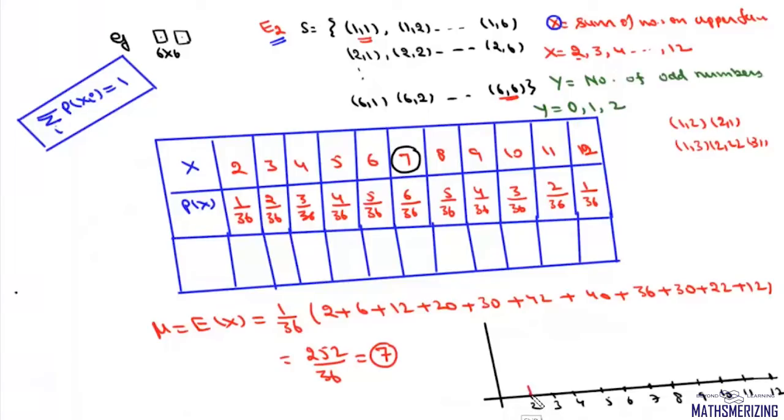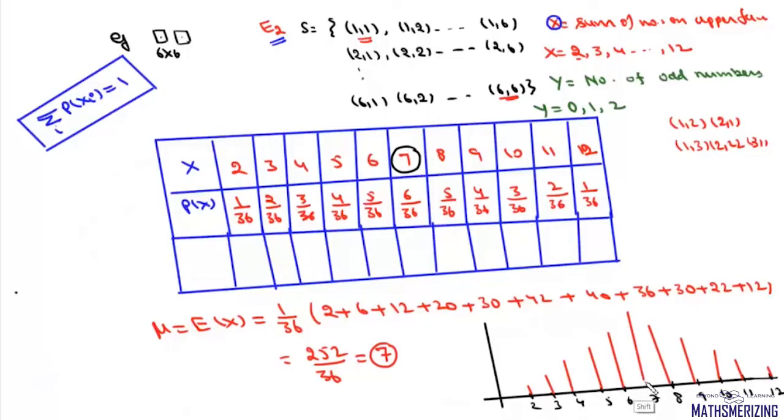Value at 2 is 1/36 and 12 is 1/36. 3 is 2/36, 11 is 2/36. 4 is 3/36, here also it is 3/36. Then 4/36 and 4/36, this is 5/36, 5/36.